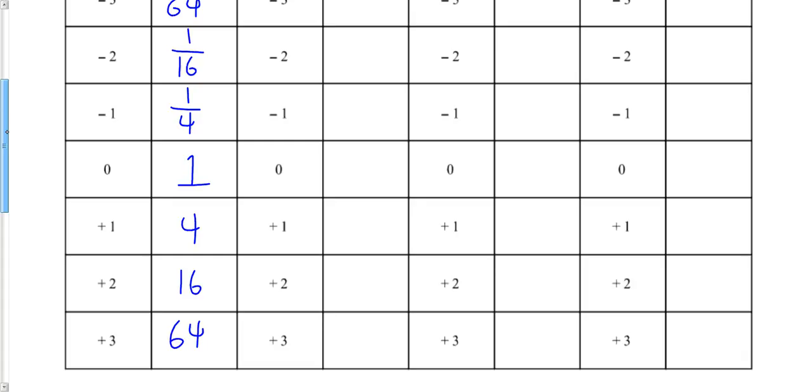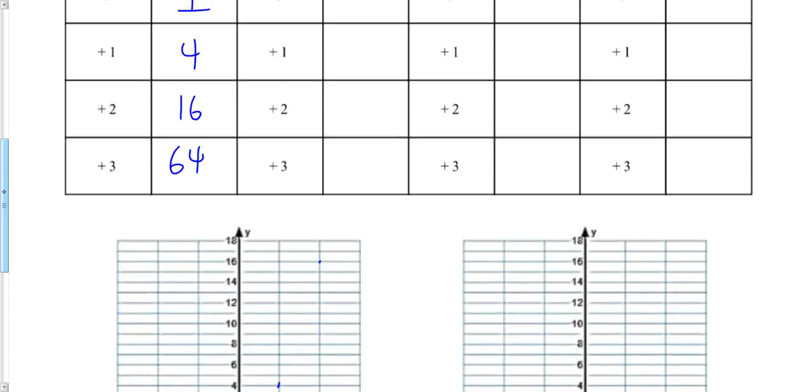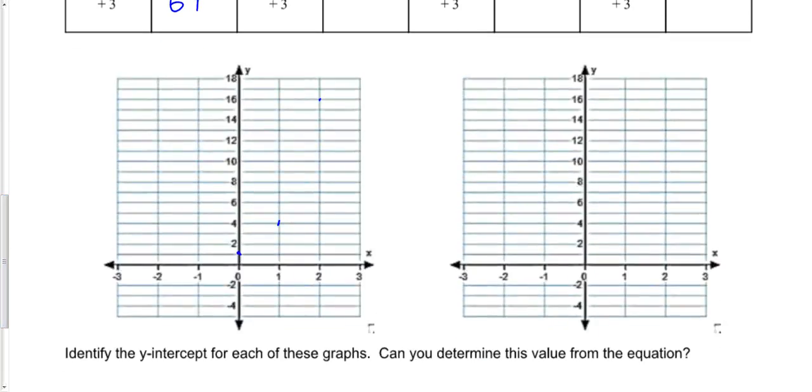When x is equal to negative 1, y is about 1/4, and then down, and then down. So if I graph this, I end up with a curve that looks something like this, and it just keeps going up.